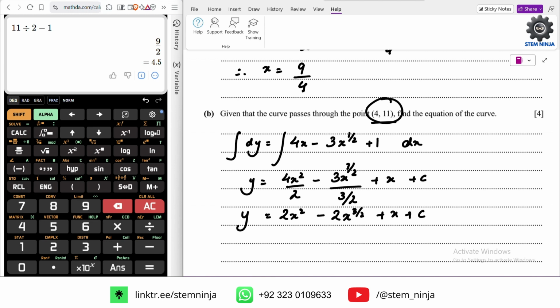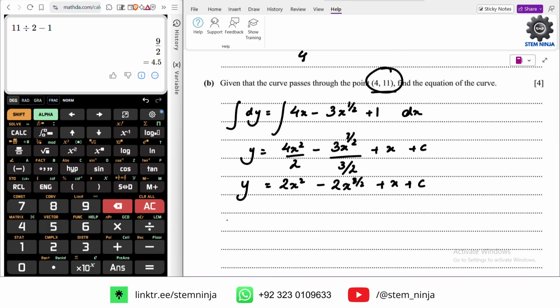We need to plug in the point (4, 11). So x is equal to 4, y equals 11. So 11 equals 2 times 4 squared minus 2 times 4 to the power 3 by 2 plus 4 plus c.